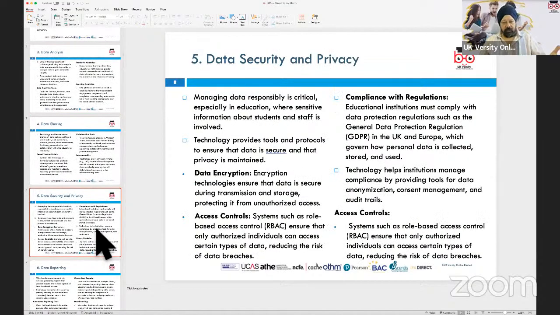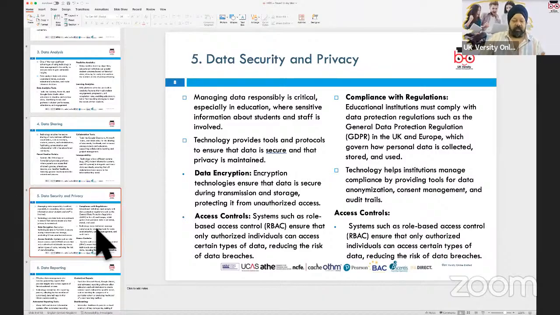Then you look at data security and privacy. Because data is generated, it needs to be reliably managed, and it could be sensitive data, with information about students and staff, such as their dates of birth. If it falls into the wrong hands, it can lead to problems. It can be misused.